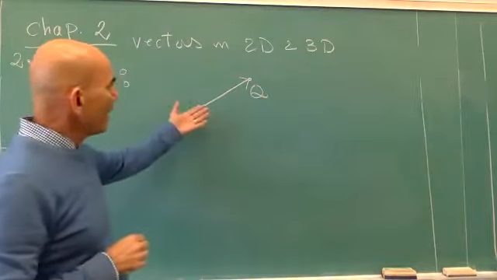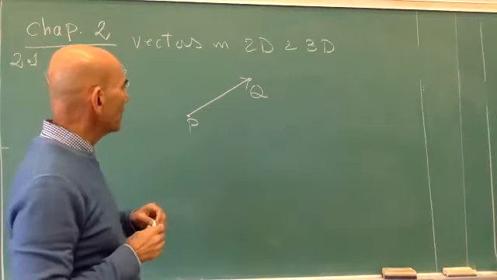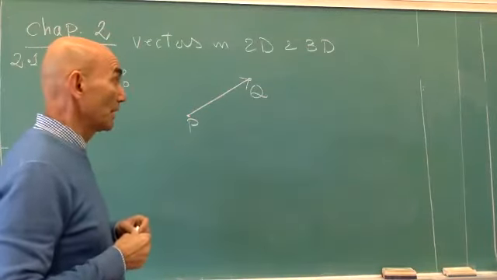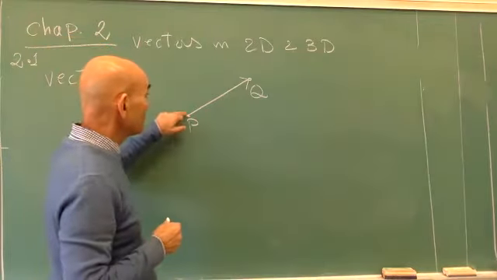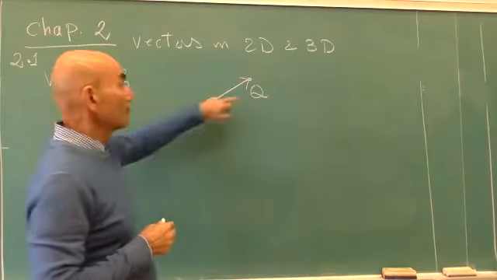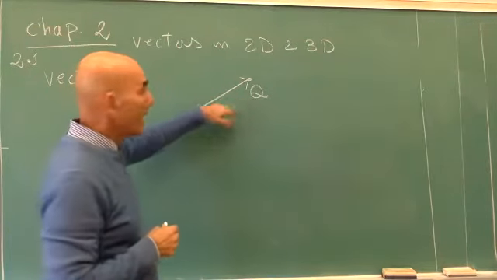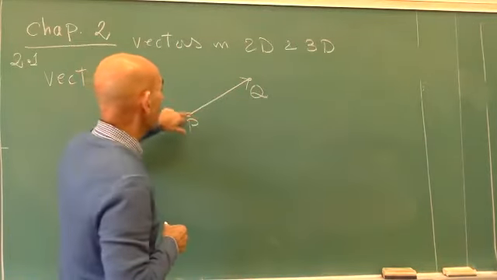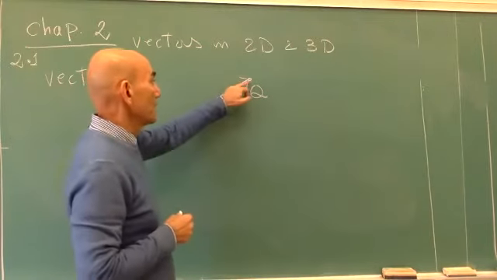So you can say, okay, a vector in space is really specified by 2 points, P and Q. And if you specify what point is first, what point is second, then you can say, I'm going from P to Q. The direction better be in this direction.